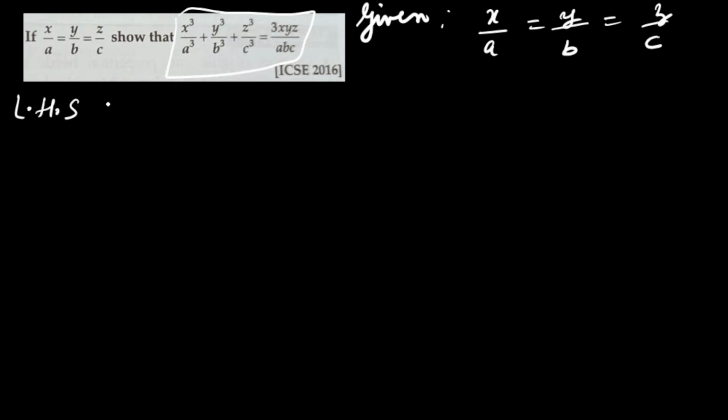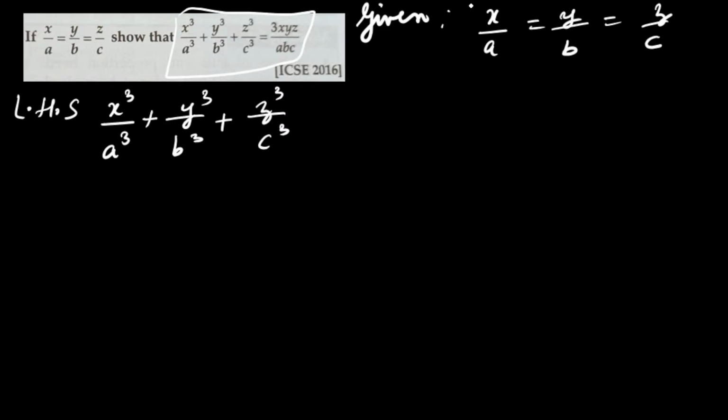Left hand side is x cube by a cube plus y cube by b cube plus z cube by c cube. We have to simplify this and make it same as the right hand side, or sometimes we have to solve both the sides, not always. Sometimes we don't get left hand side equal to right hand side, in that case we can solve both the sides and the answer should be the same.